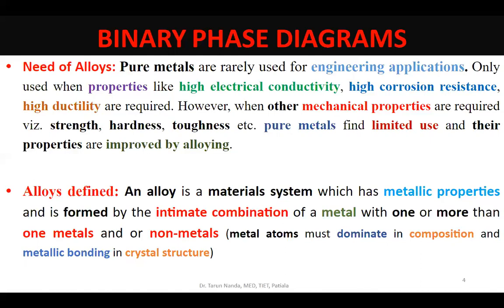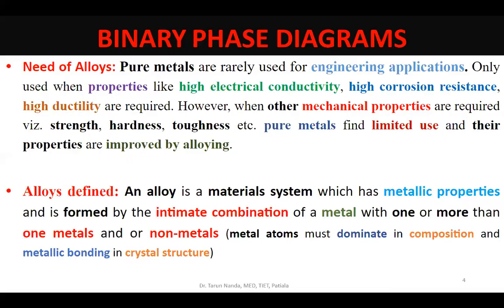So an alloy is a material system which essentially has to have metallic properties, and it is formed by the intimate combination of a metal. So at least one metal has to be there, with one or more than one metals and/or non-metals. And for these conditions to be met, when you look into an alloy system, it should be the metal atoms which should be dominating in composition.